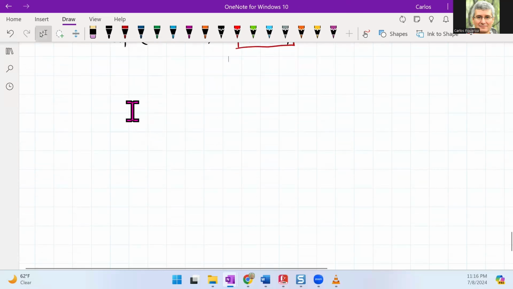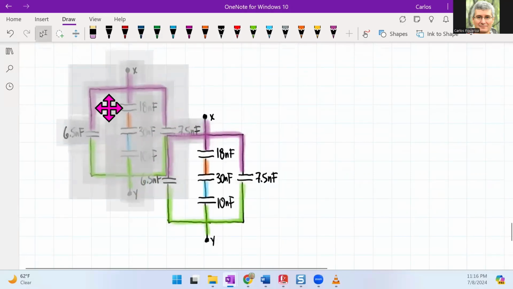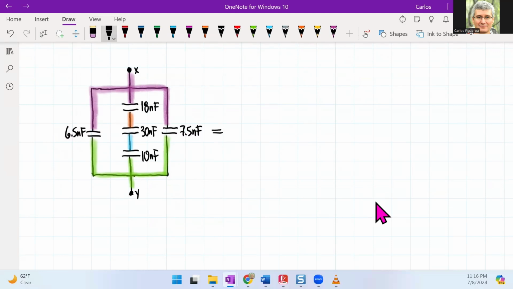In other words, we started with this circuit and we have now replaced it with a single equivalent capacitor, where this is Y, this is X. Again, this is my purple, this is my green here, and this just says that CXY is equal to 19 microfarads.